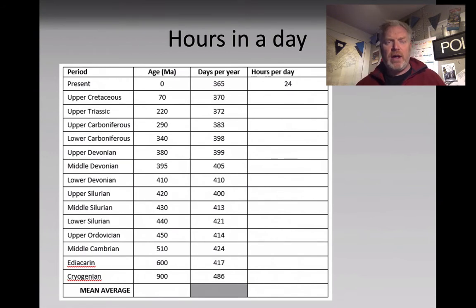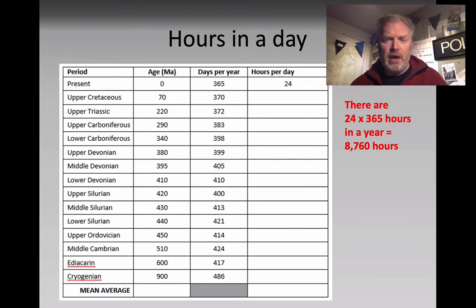So we can work out how many hours it takes for the Earth to orbit round the Sun. Multiply 24 by 365, we get 8,760 hours. That's the length of a year.